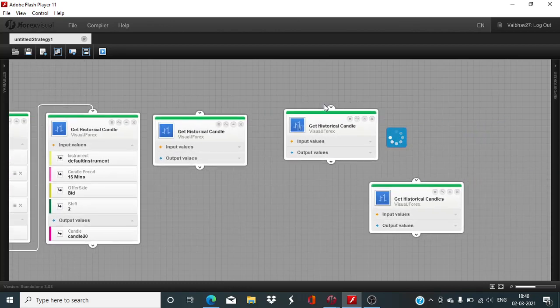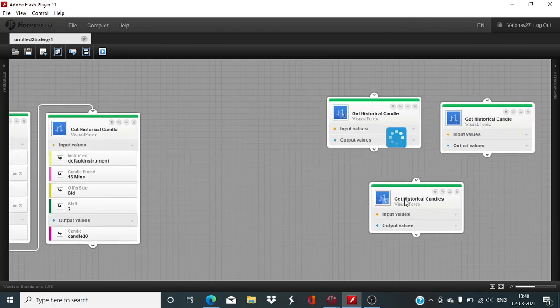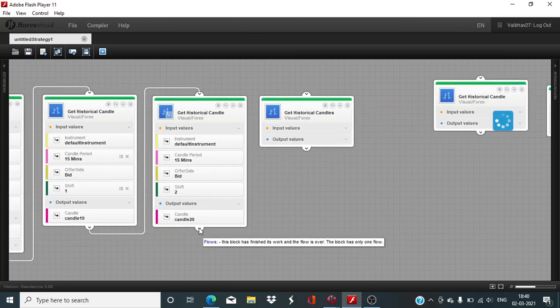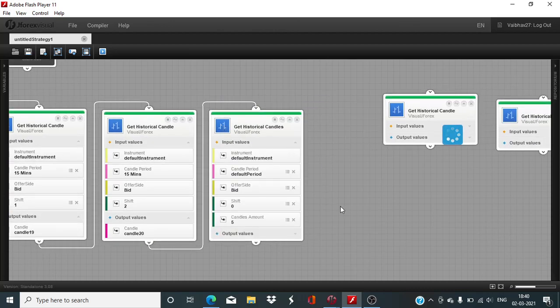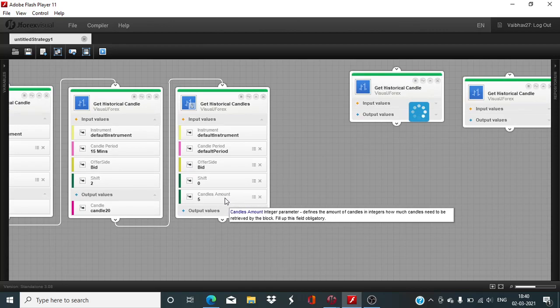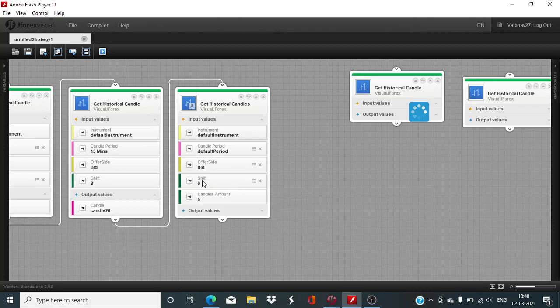And here, first we will look for get historical candles, 4 candles here. Candle amount, I will reduce it, or we can keep it as it is and simply not change the shift value.